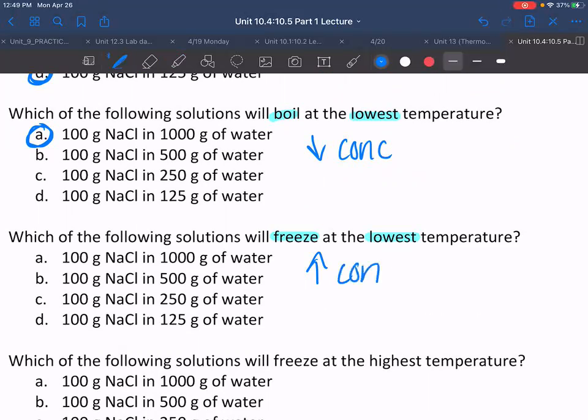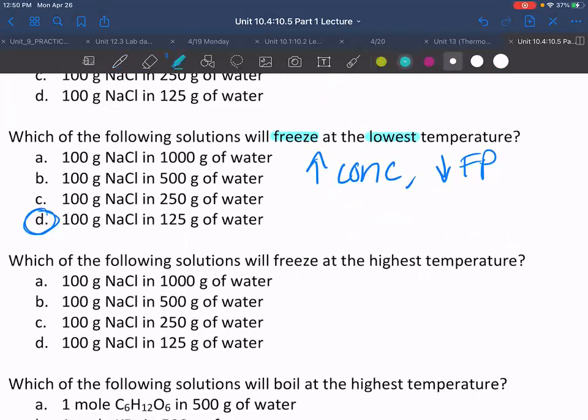So a higher concentration will lead to a lower freezing point. So what letter would that be? D again. Now, if we're looking at freezing at the highest temperature, which will affect it the least? A. Again, looking for that lowest concentration, which remained at A. Any questions on these?